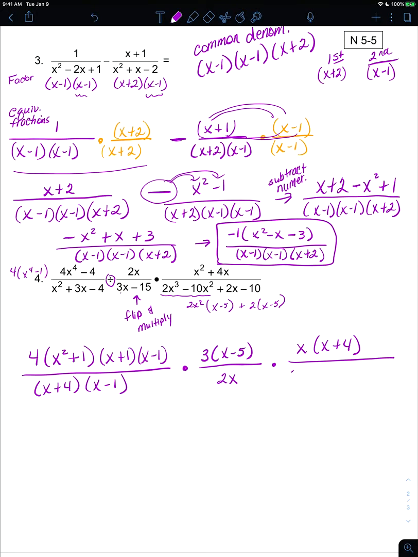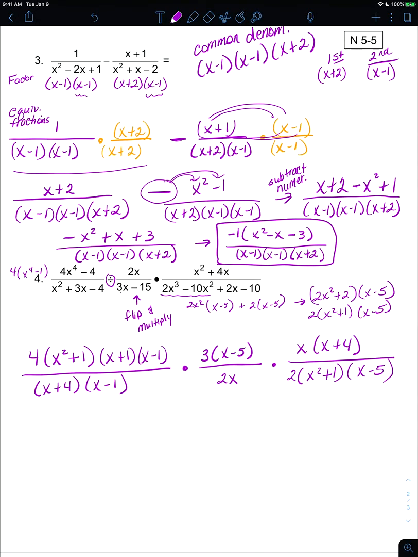So that would be, let's see, what is that going to be? 2x squared plus 2 times x minus 5, but we can factor a 2 out of that, leaving us with x squared plus 1 times that x minus 5. Okay, so that whole thing factored.